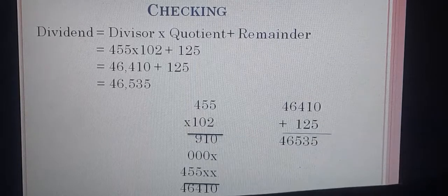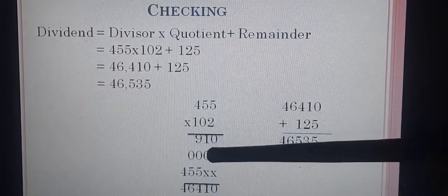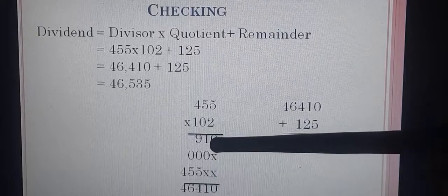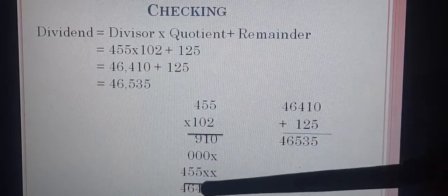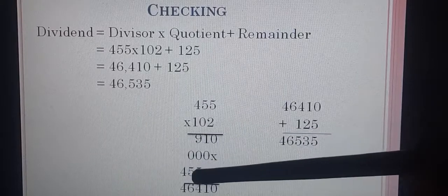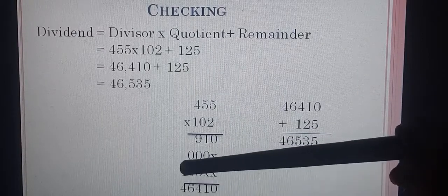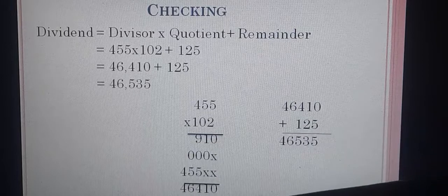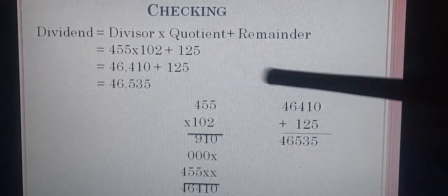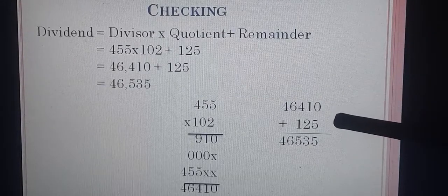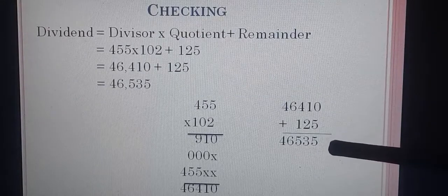We will do addition now. 0. 1 plus 0, 0. 1 plus 0, 1. 9 plus 5, 14, 4. 1 carry. 1 plus 5, 6 and 4 here. So 46,410. Multiplication is done. Now we will add 125. 46,410 plus 125.